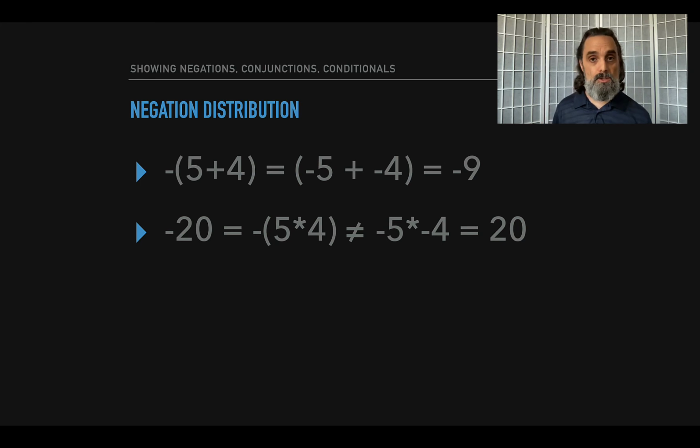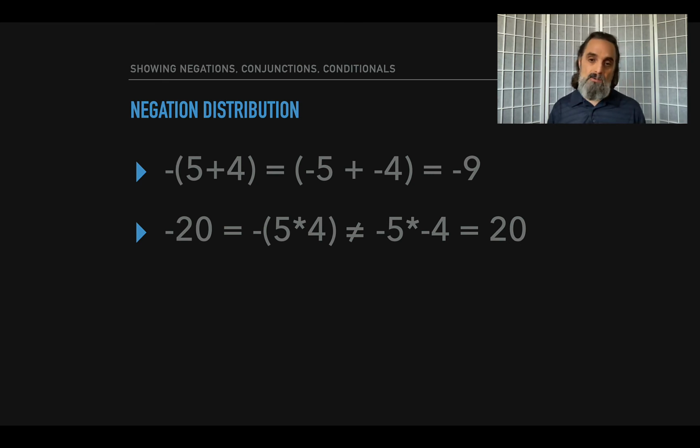Negation distribution is tricky, and we can think about that from math. How negation distributes depends upon what the internal symbol is. So if we have the negative of 5 plus 4, we can move the negative inside and put it on the 5 and the 4, and we get negative 9 either way. So there, the negation distributes over addition. But negation doesn't distribute over multiplication, right?